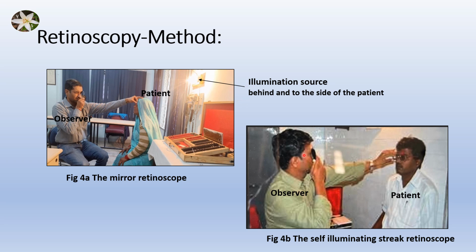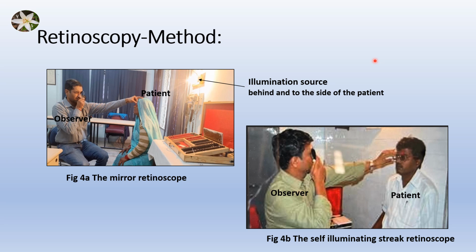The procedure with the self-illuminated streak retinoscope is the same, except that the external source is not required. It itself has a light source which throws the light on the patient's eye. Now the reflected light from the patient's retina is observed as a red glow, and the observer makes his interpretations on the basis of the characteristic of the light of the red glow.